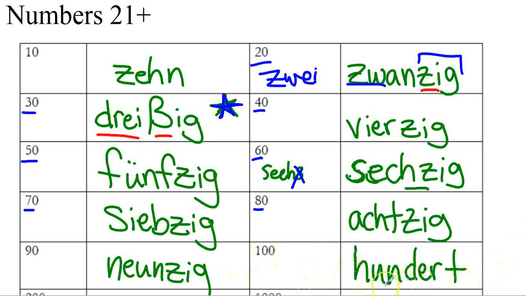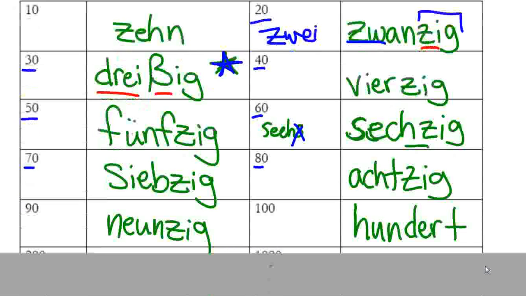And then 100, 100. So, look at these and repeat. 10, 20, 30, 40, 50, 60, 70, 80, 90, 100. 200.